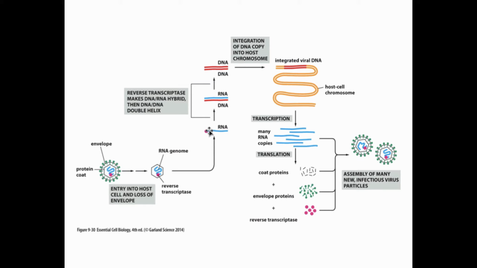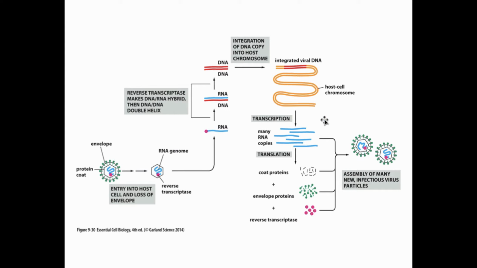The enzyme allows the reverse transcription of RNA into DNA, which is then converted to double-stranded DNA by the normal enzymes of a cell. In some cells, the integrated viral DNA is activated early. In other cells, it may be activated many years later.